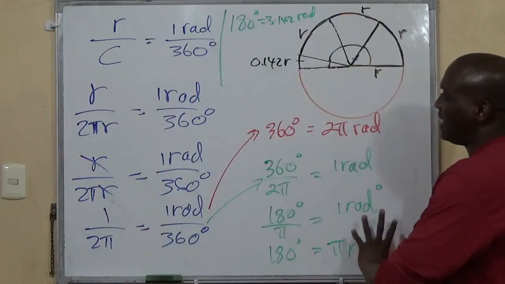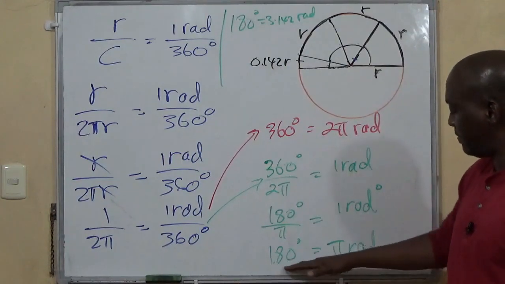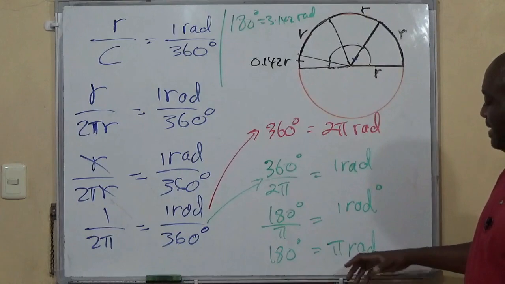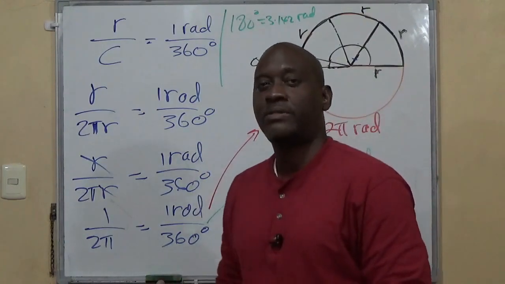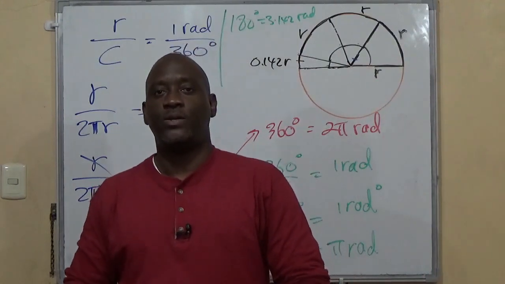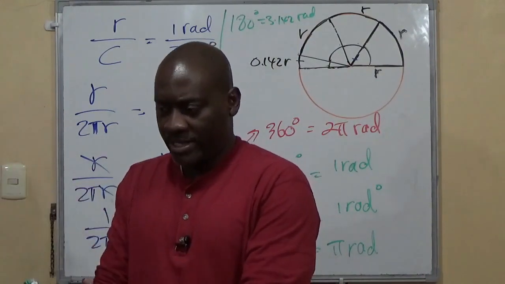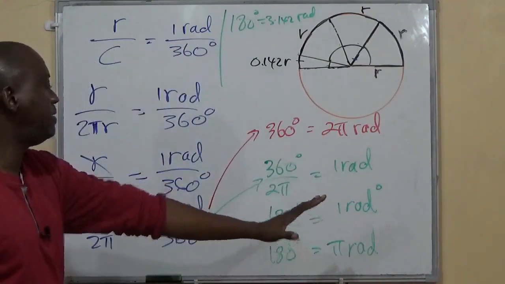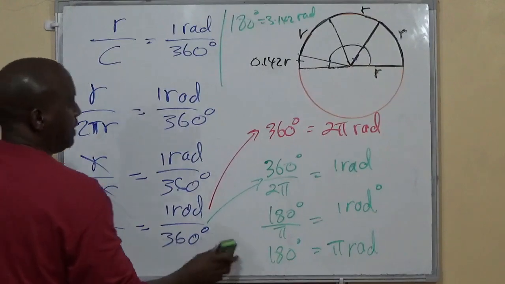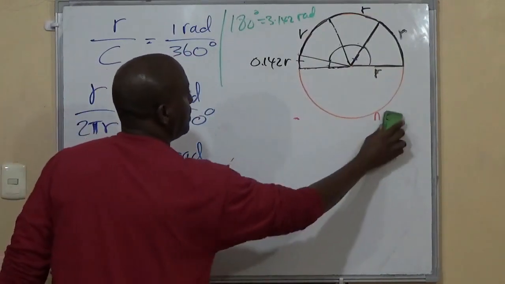So once we establish that, and we get a sense of where this comes from, then the next step is to get into some common values where we know how many radians is equal to how many degrees. So we're going to rub off all of this now and give a little expose, so to speak.